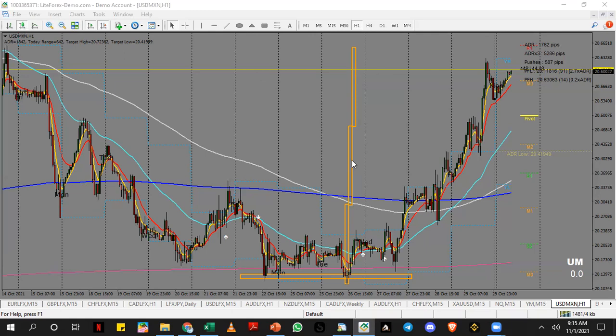Okay, so we have our 3 times ADR right there. So price is going to complete this. And then we would have our peak formation high.